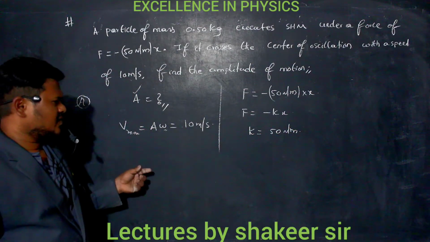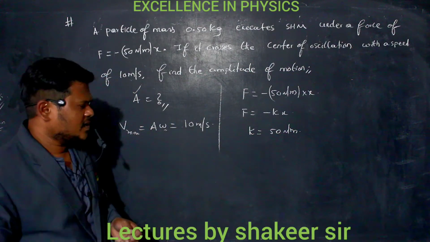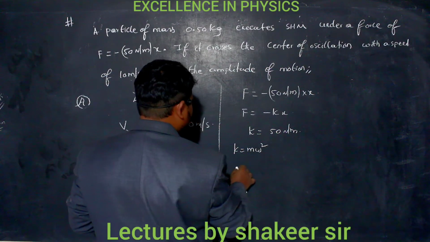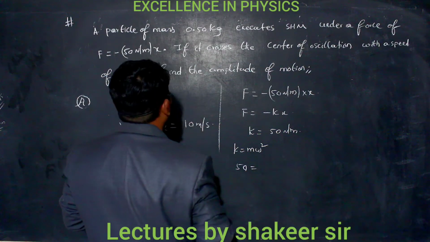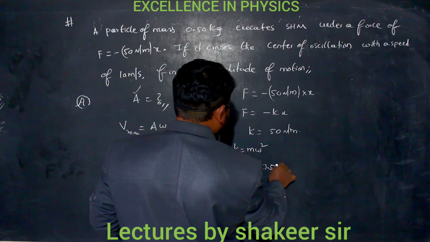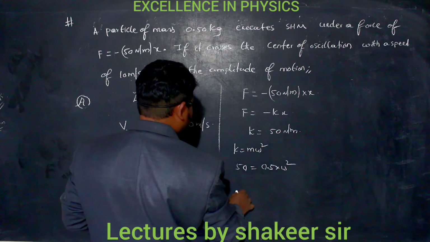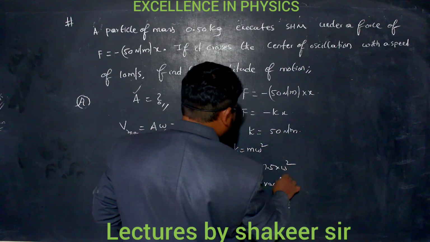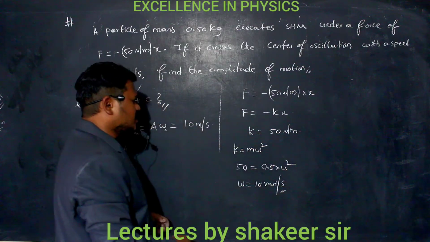And we know that k = mω². So 50 = 0.5 × ω². If I do this calculation, ω = 10 radians per second. This is the value of ω which we got.